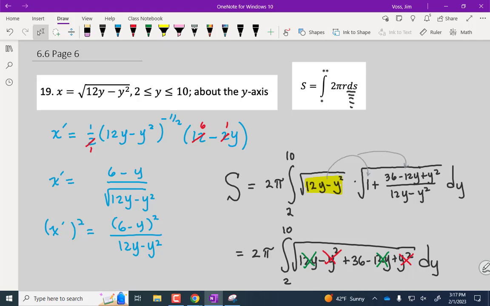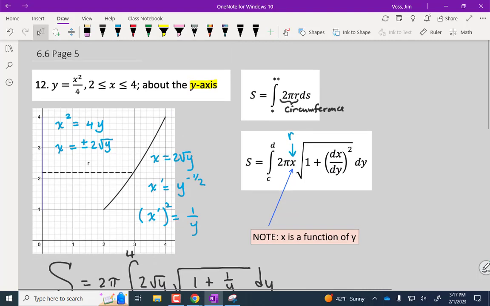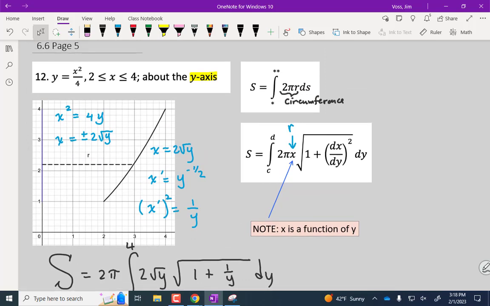But my question is, on the prior one, they said go around y, but they didn't give us the function written as an x value. Yeah, but they gave you 2 and 4 for the bounds. Do you have to convert those? Yeah, gotcha. Good question. Okay, so the limits here are 1 and 4 because those are the corresponding y values.